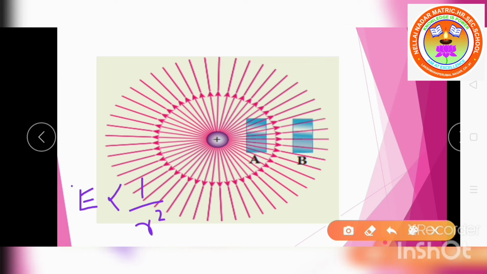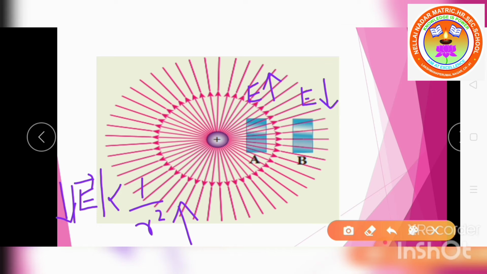The magnitude of the electric field for a point charge decreases when the distance increases.